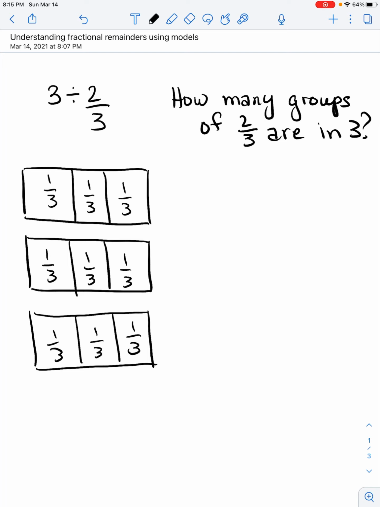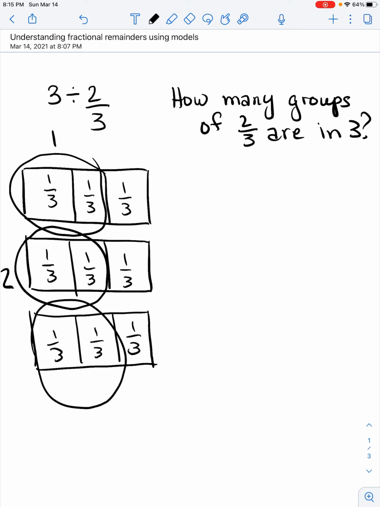So I have one group. I'm not going to number it. 2 groups. 3 groups. 4. Okay. So I know that I can make 4 whole groups, but I have one piece left.